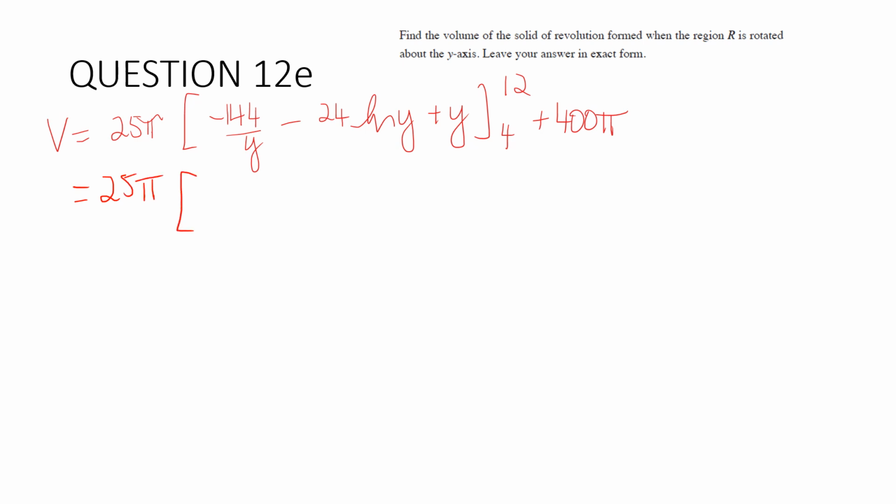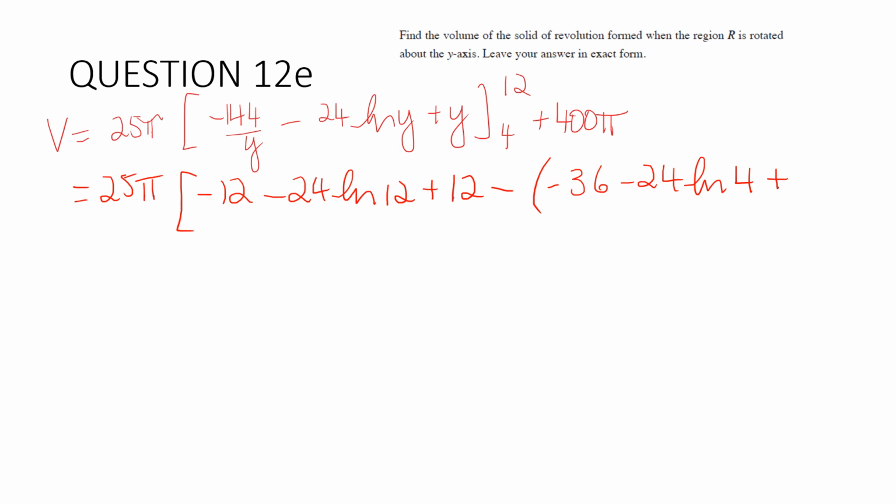Negative 144 divided by 12 is negative 12 minus 24 ln 12 plus 12. Take away brackets, 144 divided by 4 is 36, take 24 ln 4 plus 4, plus 400 pi equals 25 pi.